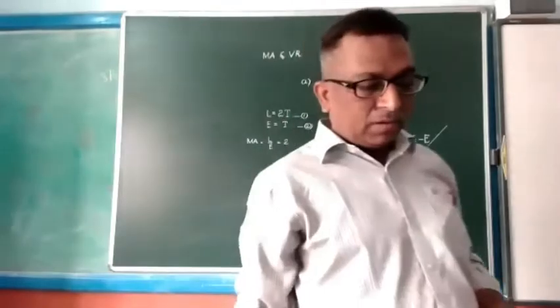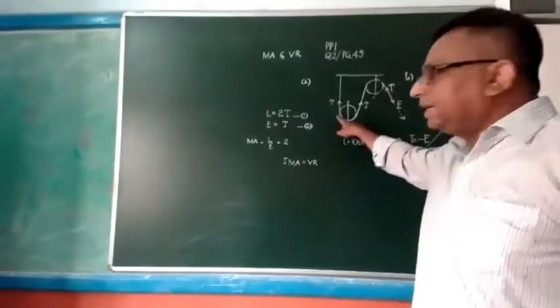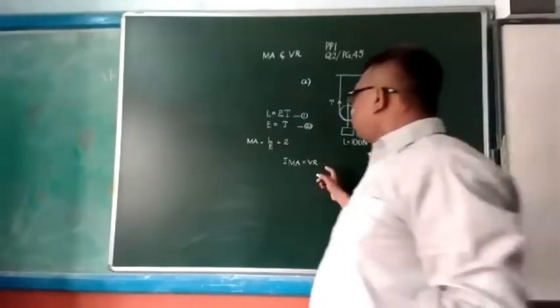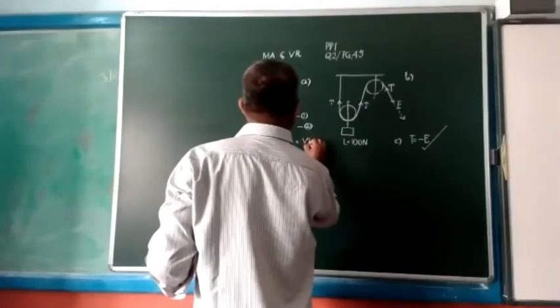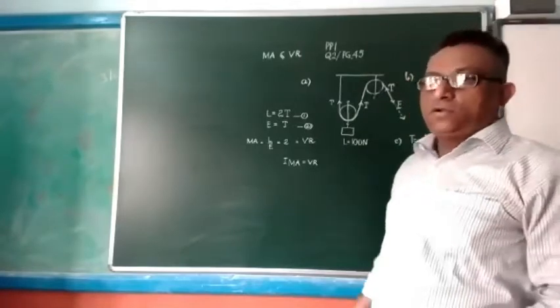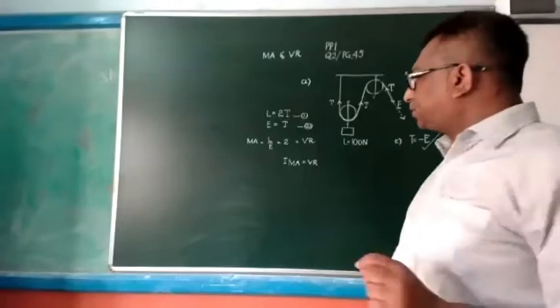Clear? So in ideal case or practical case, the velocity ratio will be 2. So this is equal to VR. One more technique is there for finding the value of velocity ratio.